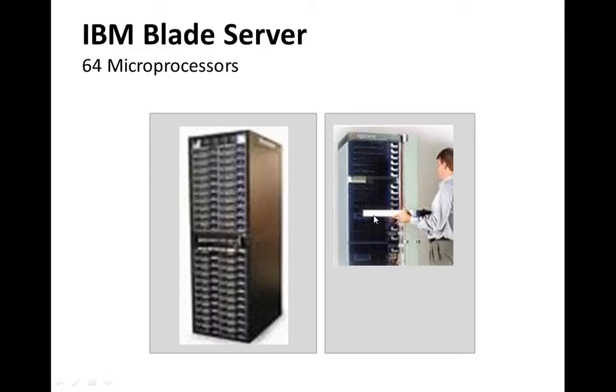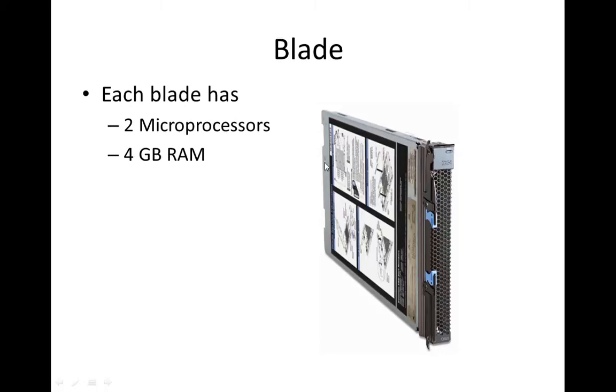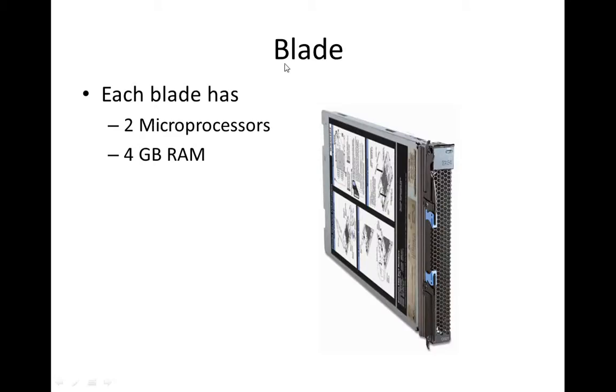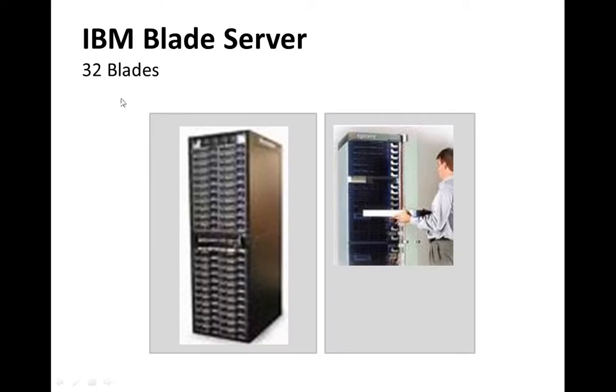And if you pull it out and look at it, you can see a blade is a circuit board which has 2 microprocessors and 2 gig of RAM. A blade is like a motherboard, and you know what a motherboard is. It's a circuit board with a microprocessor and RAM. So each blade is almost like a motherboard. And when you have 32 blades in one server, that gives you 64 processors. It's just like having 32 motherboards.